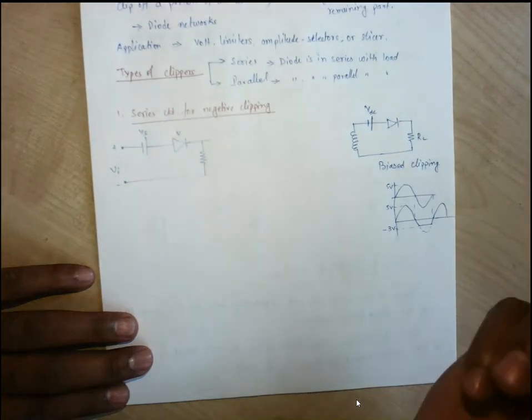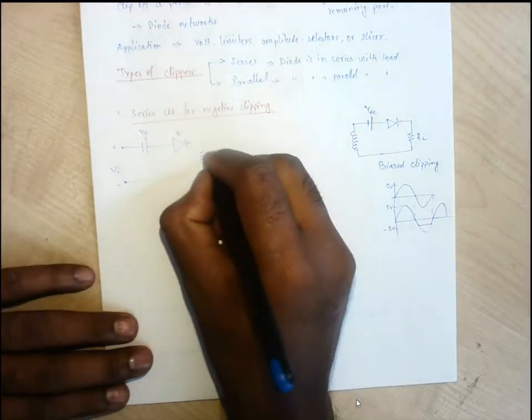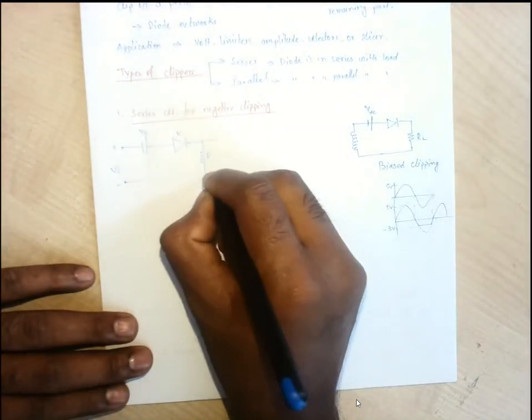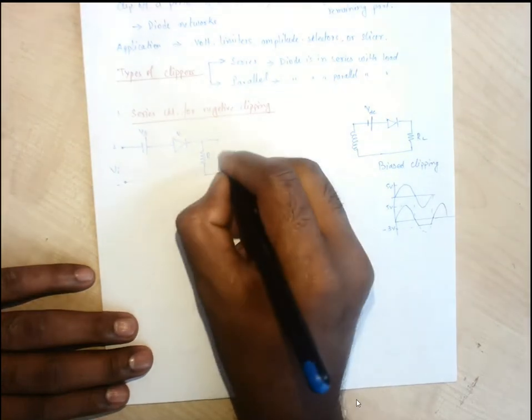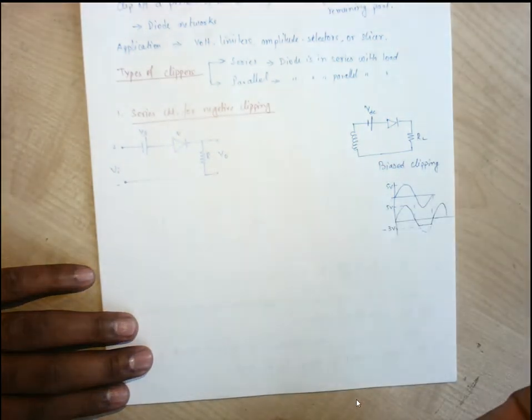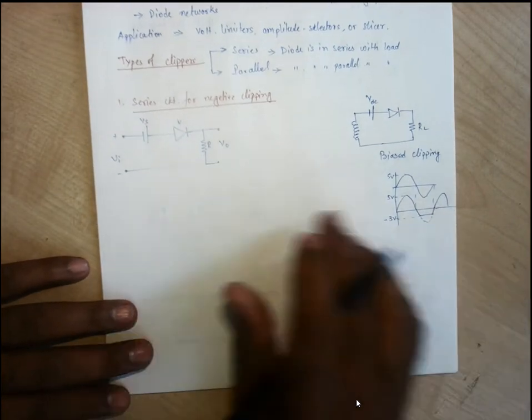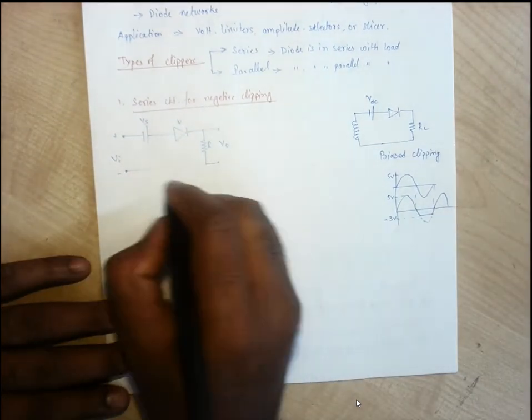V is the voltage across this diode. This is our load, and we are expecting some clipped output. Okay, so this is the series circuit for negative clipping.